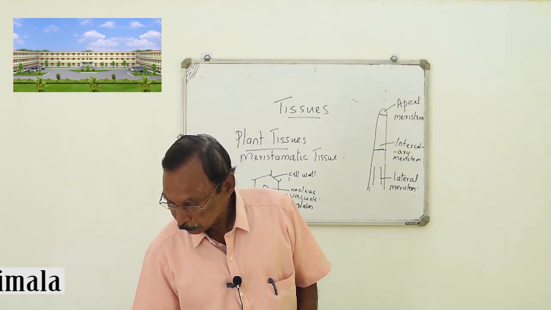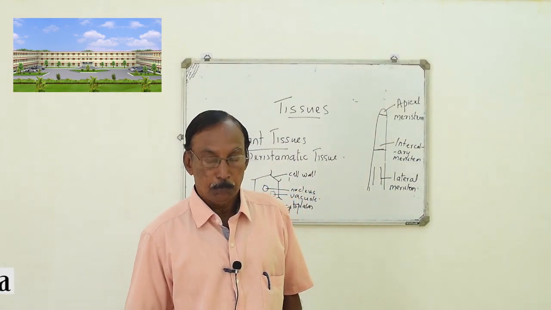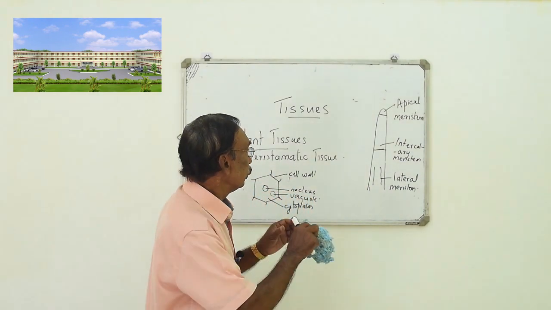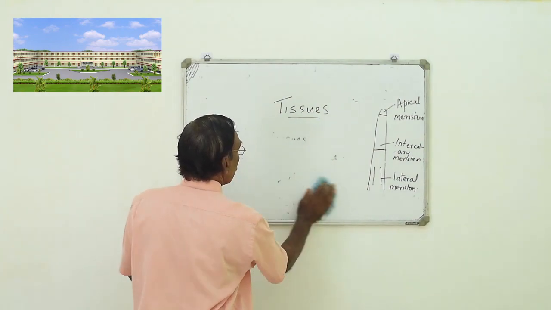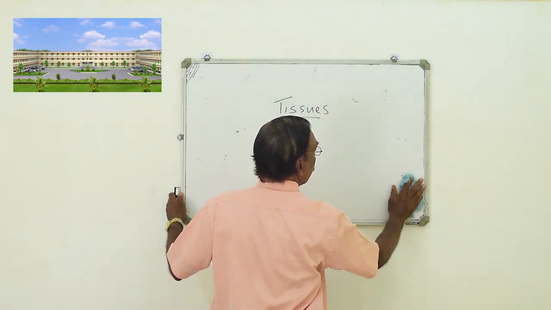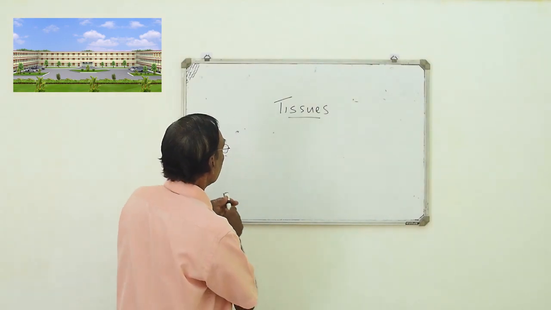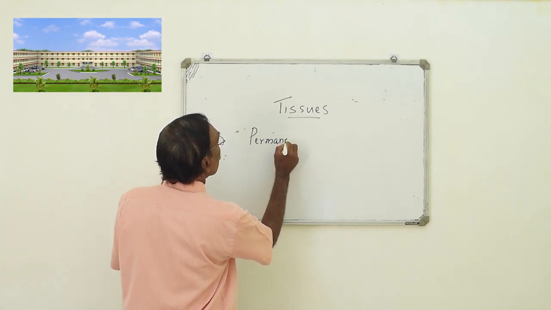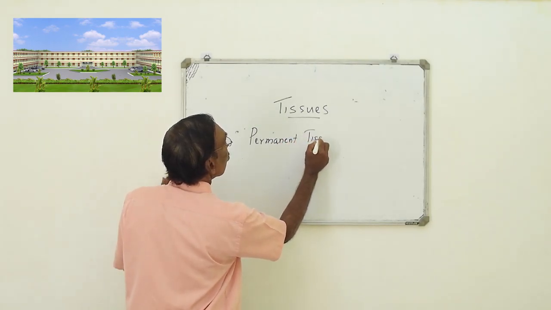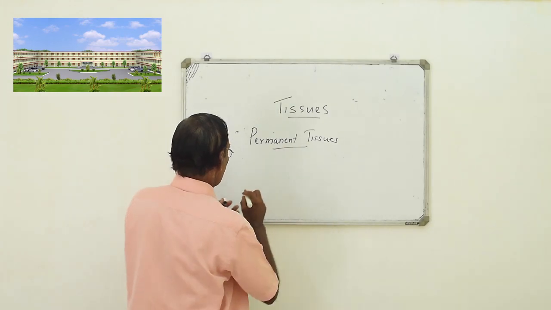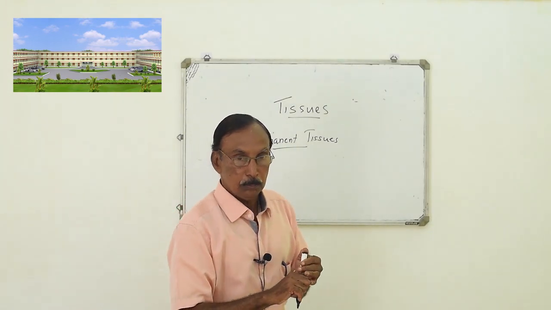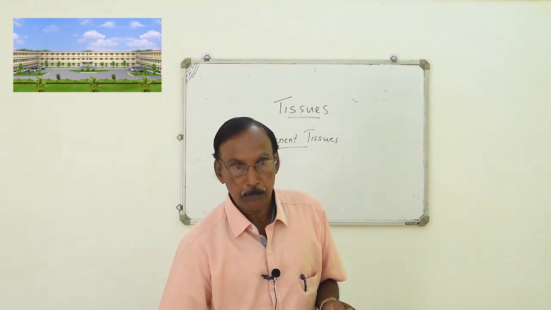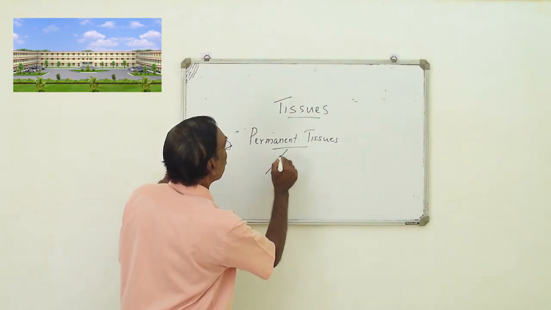Now we are going to see permanent tissues, and that is the second group of tissue in plants. Permanent tissues are of two types: simple permanent tissue and complex permanent tissue.